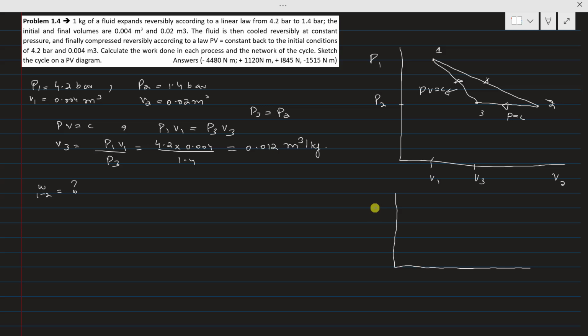So from process 1 to process 2 we have linear expansion, and we get the work output. Here the pressure is P1, here the pressure is P2. Here the volume is V1, here the volume is, let's say, V2.